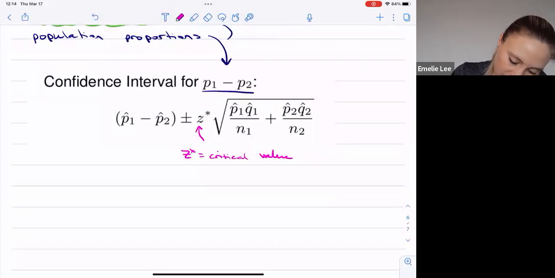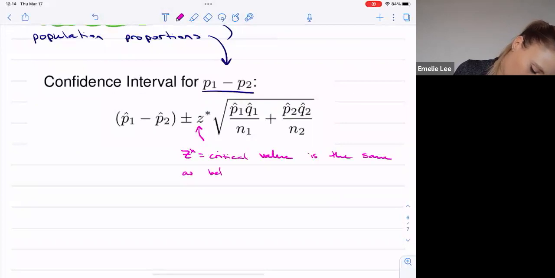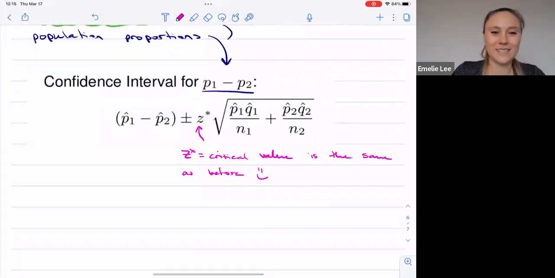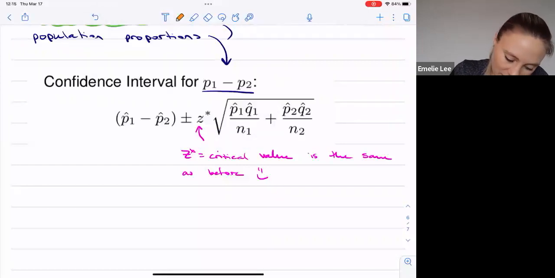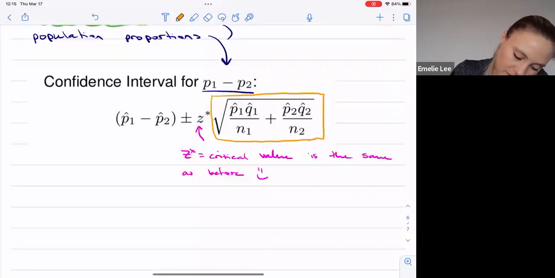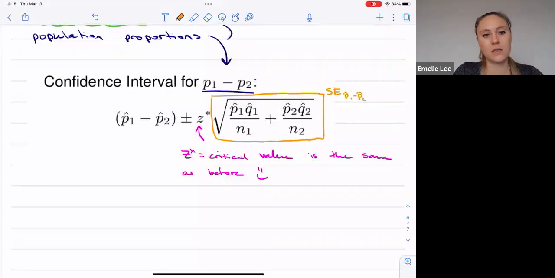The critical value is the same as before. That's always nice, right? Then we have the standard error. This is the standard error of P1 hat minus P2 hat. It's always the standard error for whatever the statistic, or the point estimate, is.